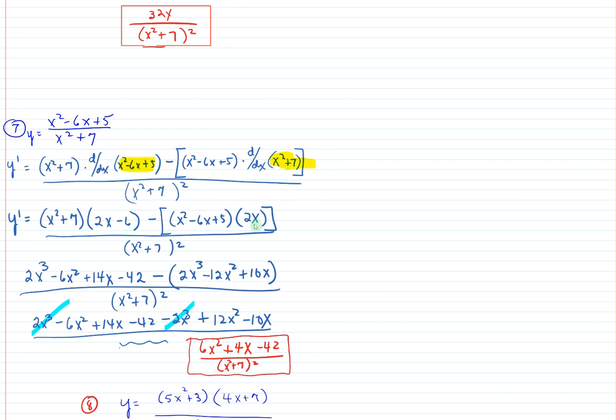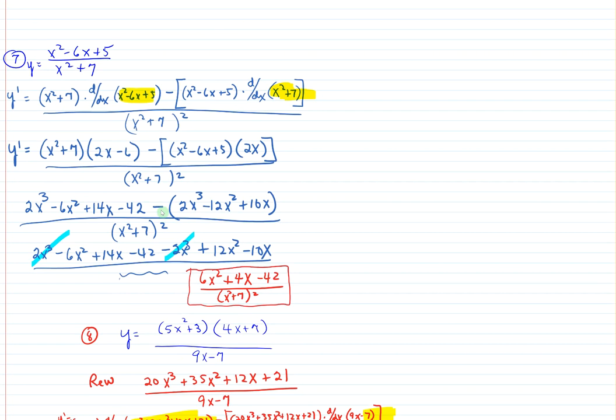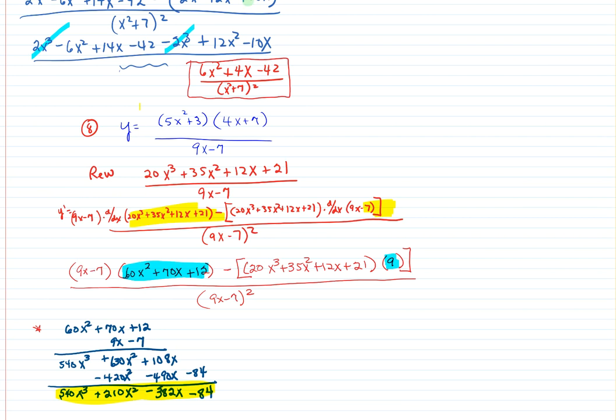This derivative is 2x. Then we'll do our multiplying and do our multiplying here. That's this line. Then we'll distribute the minus, which makes that minus, that plus, that minus. Those two cancel out. Collect your like terms. You're left with that trinomial over the bottom.